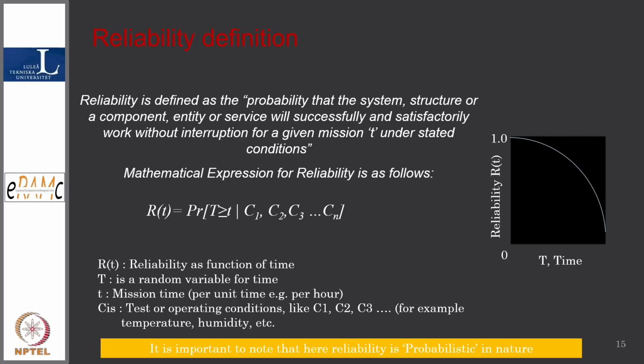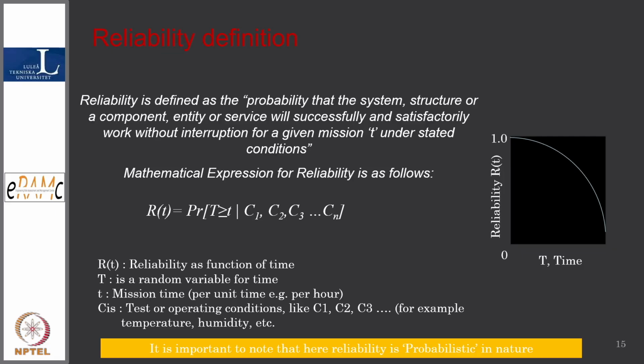And now we have this mathematical expression for reliability. Okay, so reliability as a function of time is nothing but the probability that capital T is more than small t. That means failure free operation.